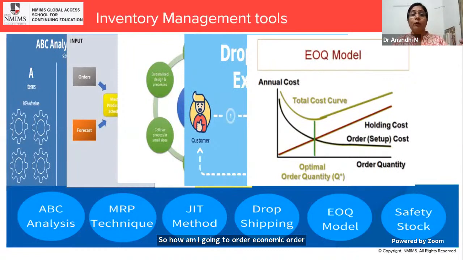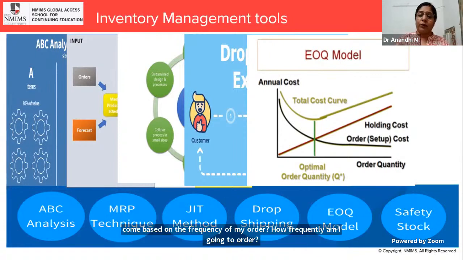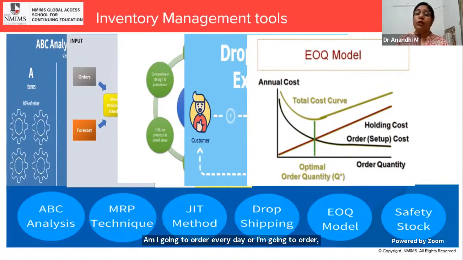How much I should order will come based on the frequency of my order. How frequently am I going to order? Am I going to order every day, or fortnightly, or monthly? That will be decided by my economic order quantity. You will understand better when I show you the calculation of this economic order quantity.